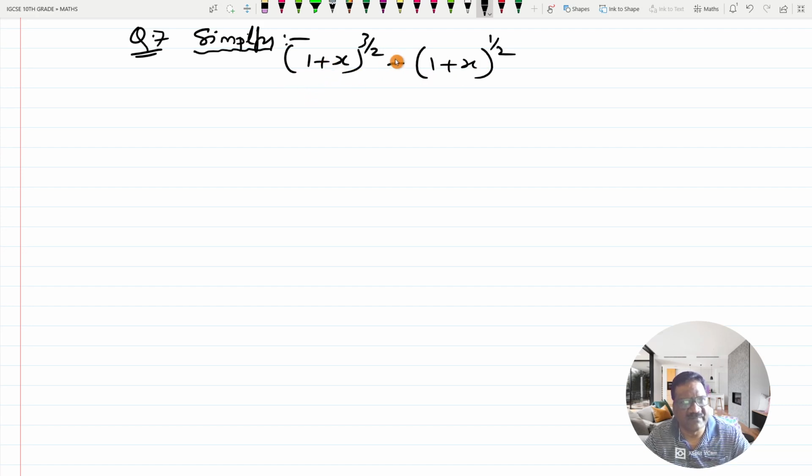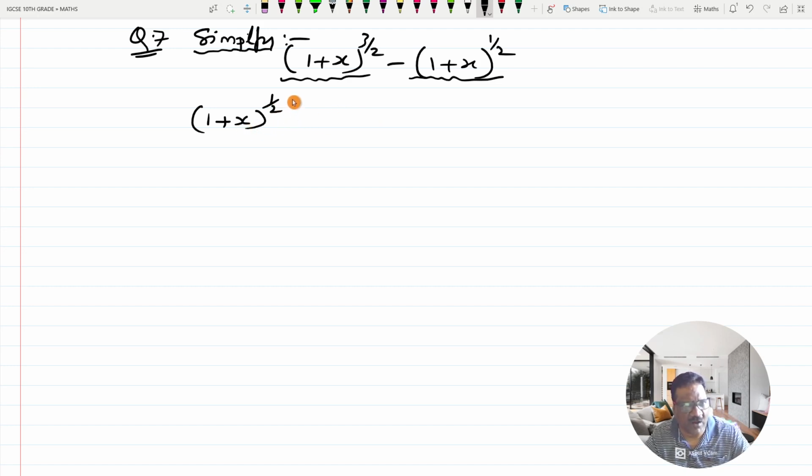Basically in this you have these two terms which are separated by a minus. So what you can do is, in these two terms, what is common, what is the highest common factor that you have to remove out. According to me, the highest common factor has to be 1 plus x raised to 1 by 2. Okay, this is the highest common factor.